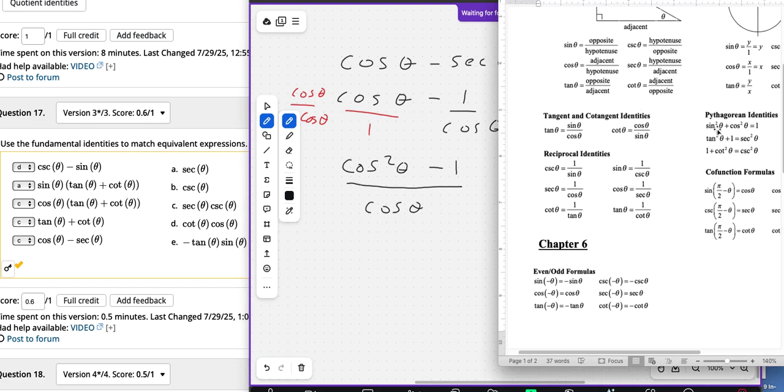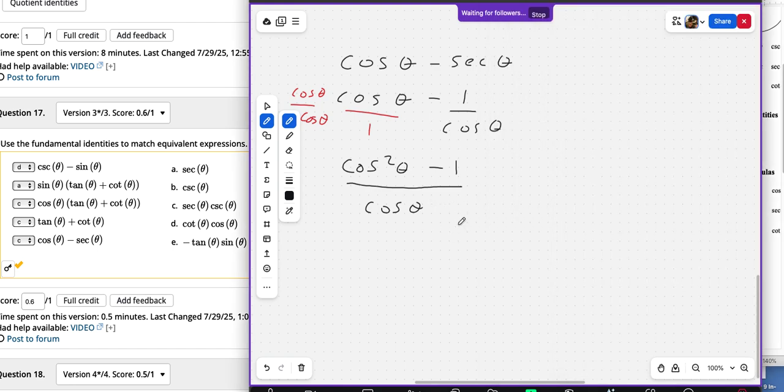So on this one, if we look at this identity, let me write it out over here. Sine squared theta plus cos squared theta equals 1. We have to be a little bit careful with our signs. So if I just brought cosine over, I would have 1 minus cosine squared theta, which isn't quite what I have here. So I want to make it so that this looks just like this piece.